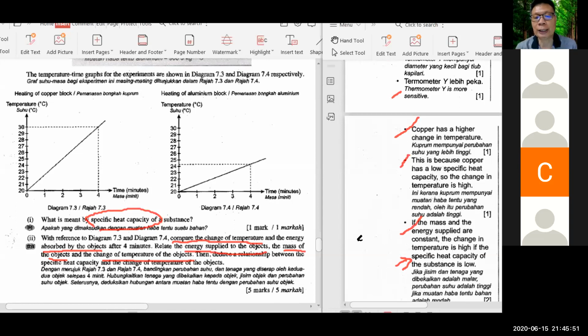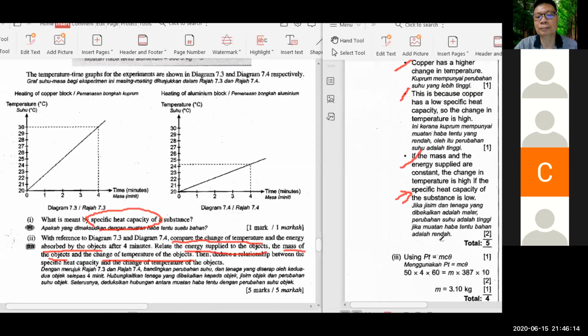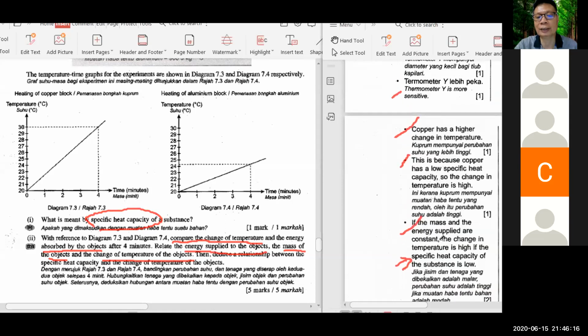Mass and energy supply are constant, then the change in temperature is high if the specific heat capacity is small. Mass, change in temperature, okay, deduce a relationship. Okay, all right. So done already, 5 marks, this one is 5 marks.